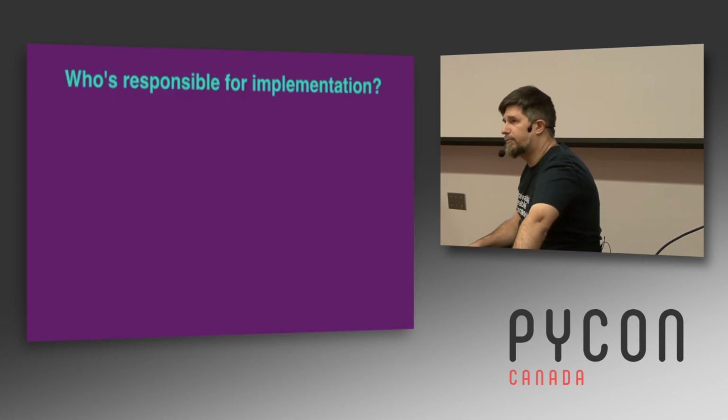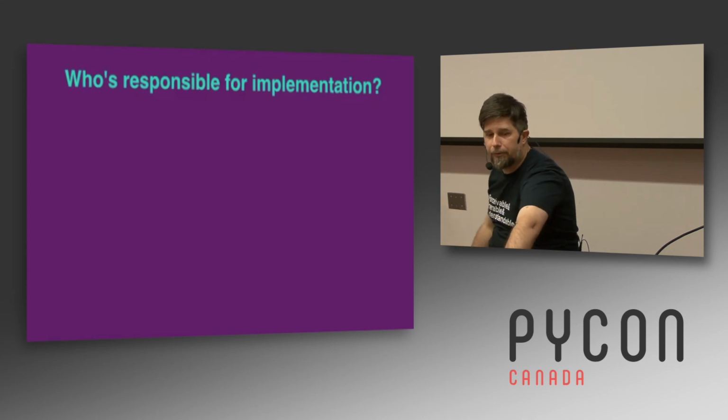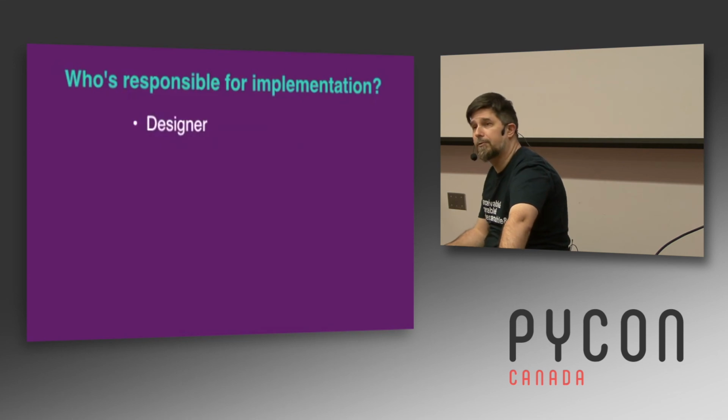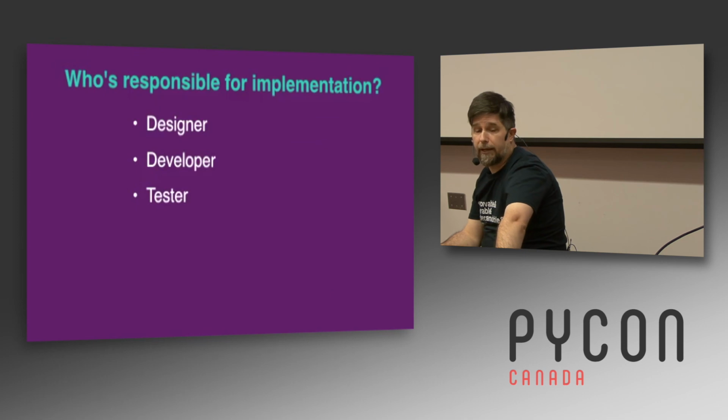So who's responsible for implementing accessibility? Obviously, I would say the majority of us in here are coders, but we also have the designer. We have to start thinking about accessibility from the earliest stage of development. So we have developers, we have the testers, we have the boss, because if the boss doesn't buy into it, then it doesn't matter how much effort you want to put into it if you don't have the resources.